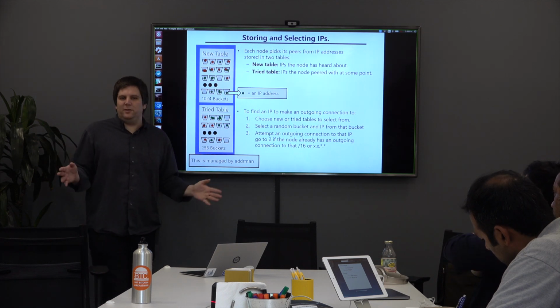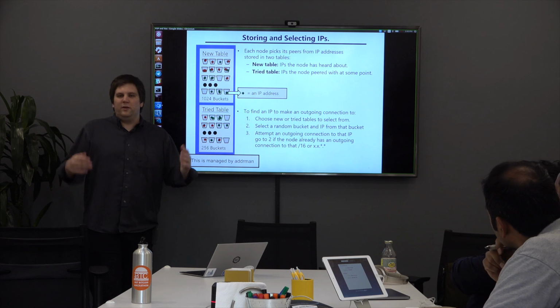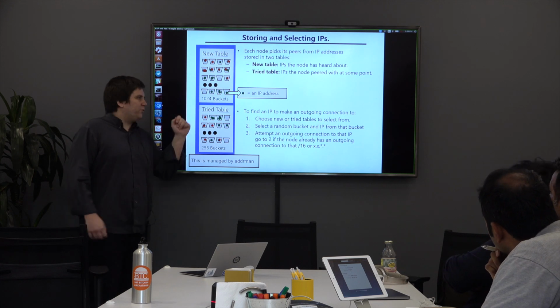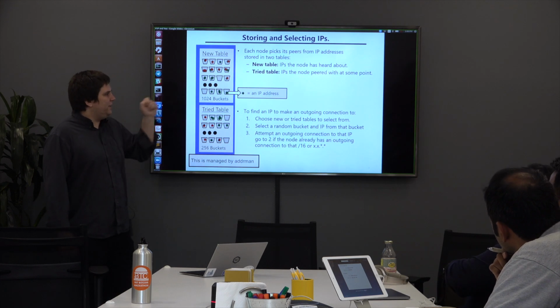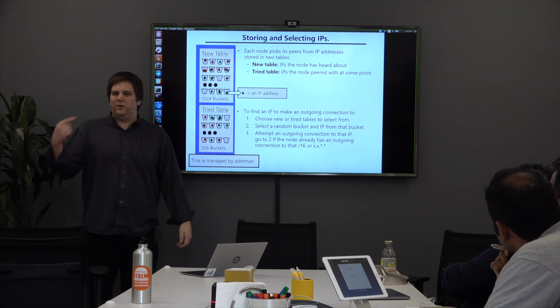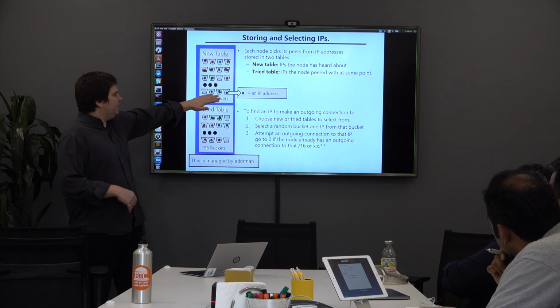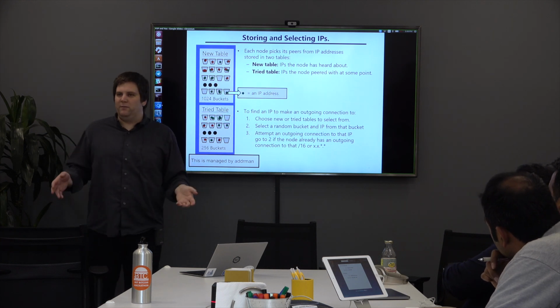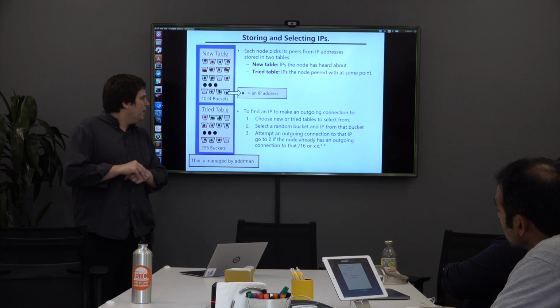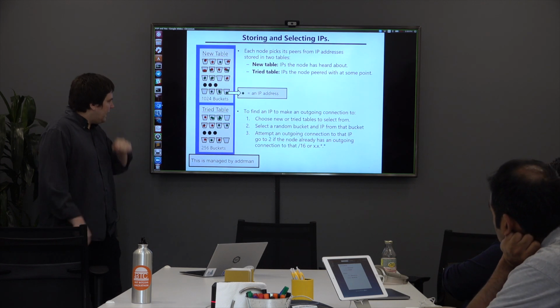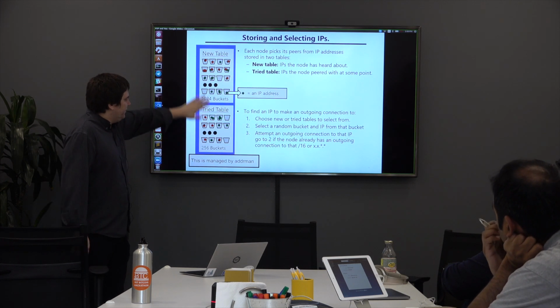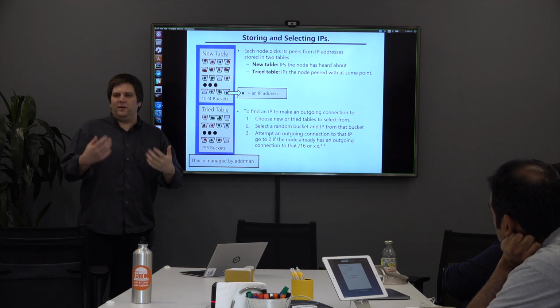It just happens to believe that, and so they go in the new table. The tried table is IPs that the node has peered with at some point, so either the node connected to them or they connected to the node successfully. So it knows that, at least at one point in time, these were Bitcoin nodes that it was talking to. And it puts these nodes in buckets, and I'll talk about how it buckets them in the next slide.